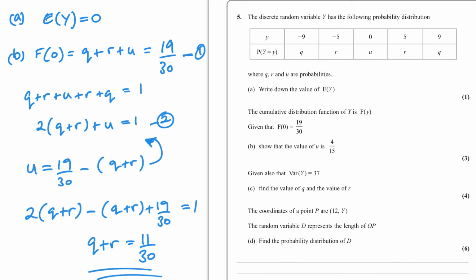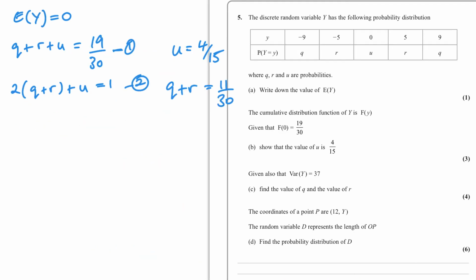From that, I can go back to 1, and I can now say, therefore, u must equal 19/30 minus my 11/30, isn't it? So 8/30, or 4/15.